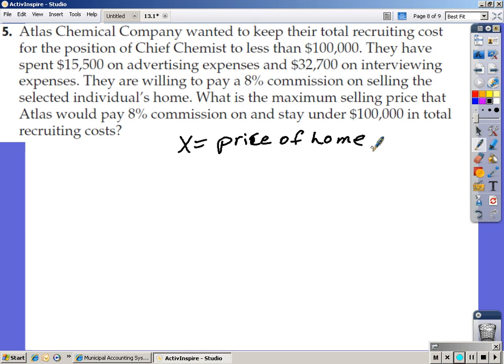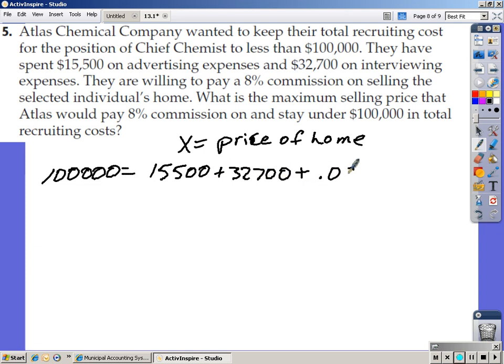Now they want to stay under $100,000. So you have to take $15,500 they've already spent plus $32,700 plus 8% of the price of the house. Work this out. 100,000 equals 48,200 plus 0.08x.